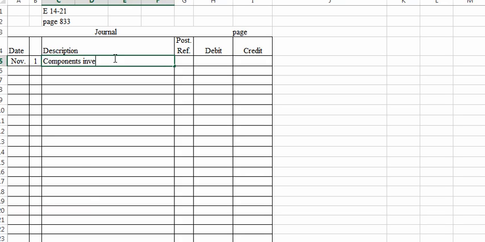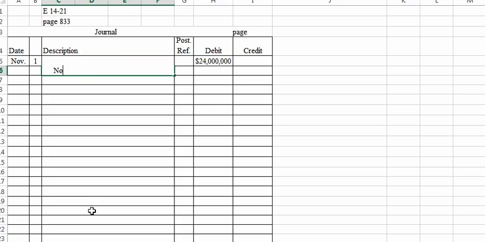Either way, it's an asset. And not only is it an asset, it's inventory of parts that we're going to use in making a bigger product. It's what I would call raw materials inventory, but either name's fine. Just don't get too hung up on that. You're probably thinking you weren't hung up on it to begin with. That was just me.